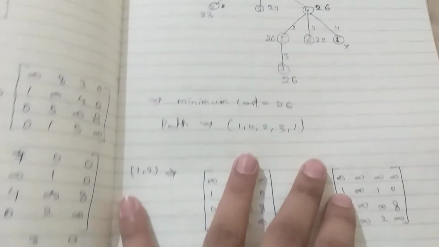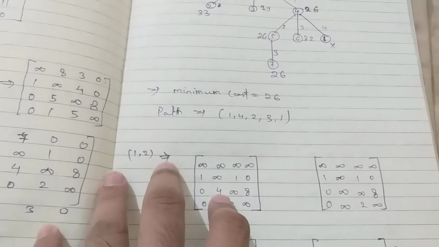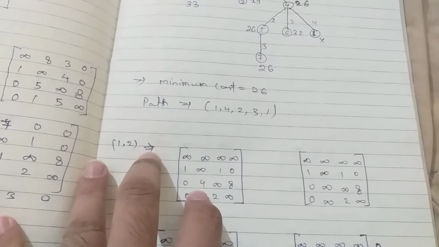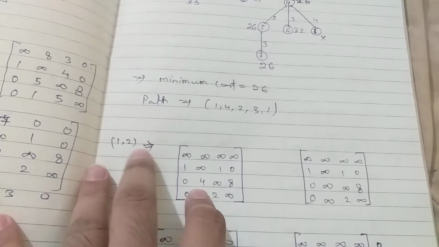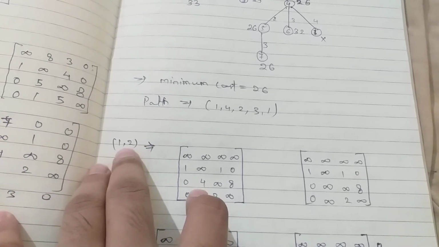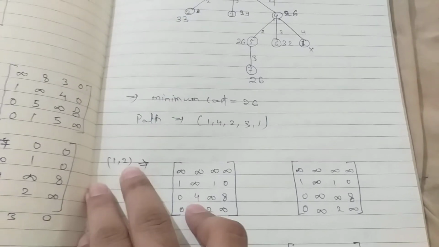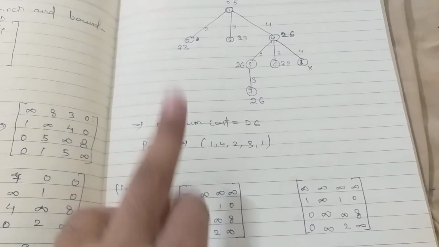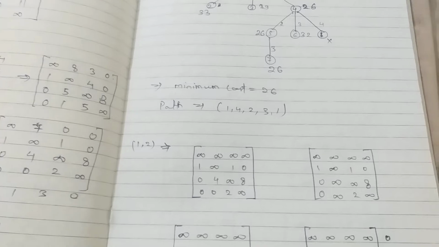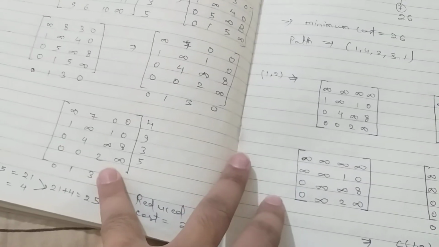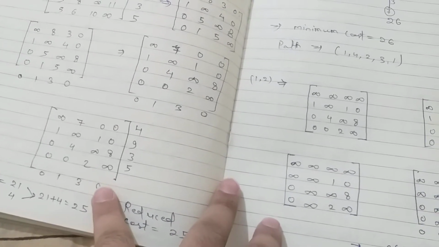For that we will find their corresponding reduced cost matrices. So for the matrix 1 to 2, for the cost of the second vertex, here is the reduced matrix we got.